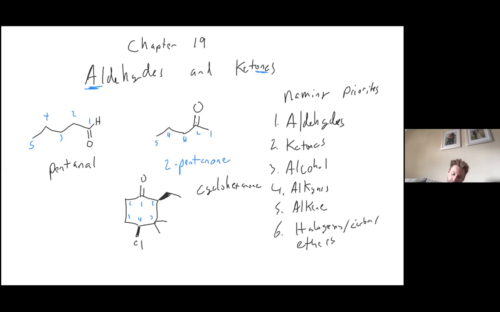So on 2 we have an ethyl. On 3 we have methyl groups. On 4 we have a chloro. Doing some R and S. Take a look at the center number 2.